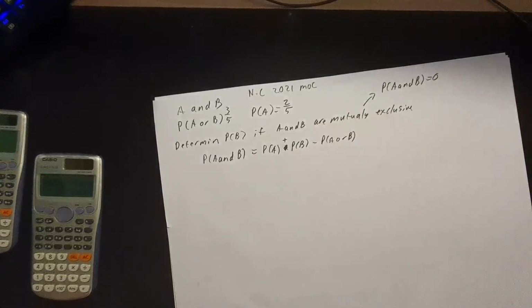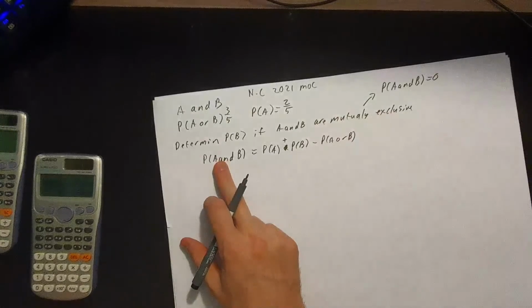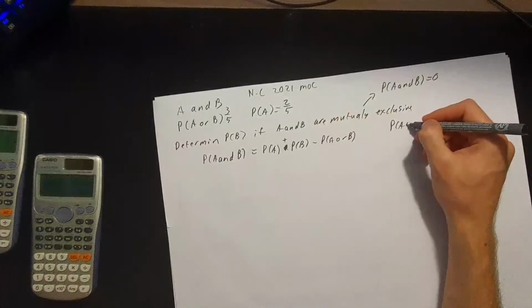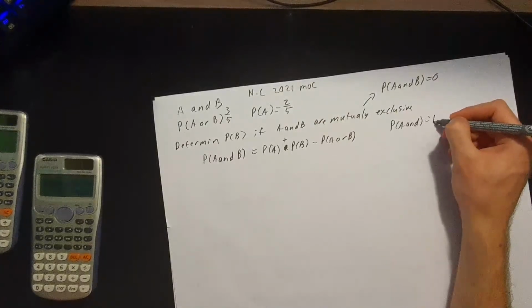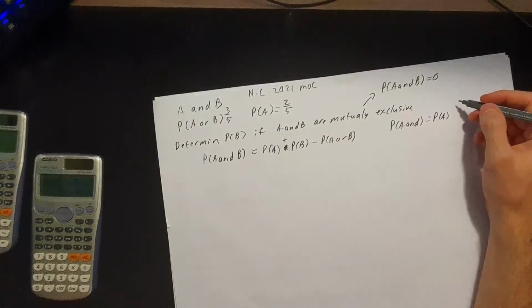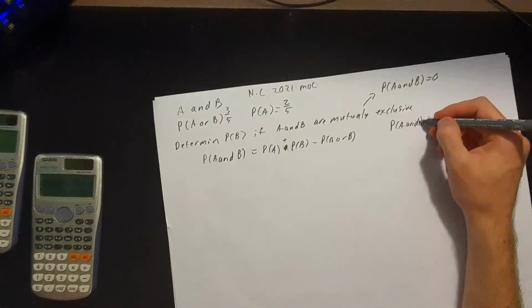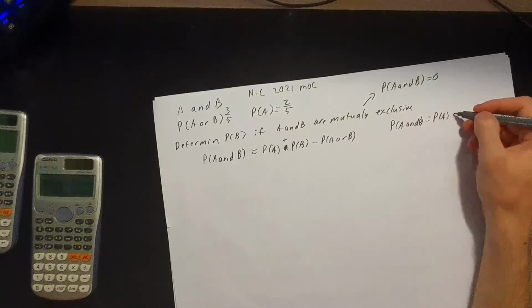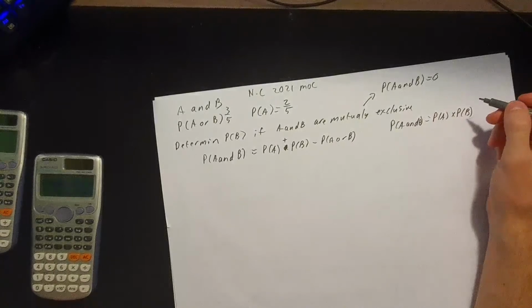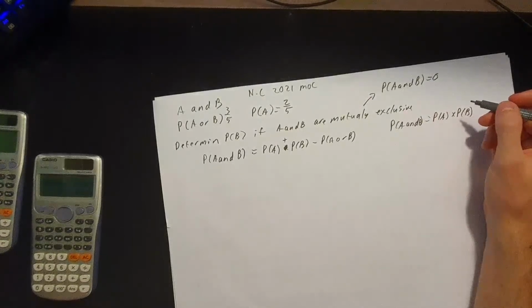So by looking at this now, we know that the probability of A and B equals 0. Remember, we can't use this one: probability of A and B equals the probability of A multiplied by the probability of B. Is it this one or is it or?